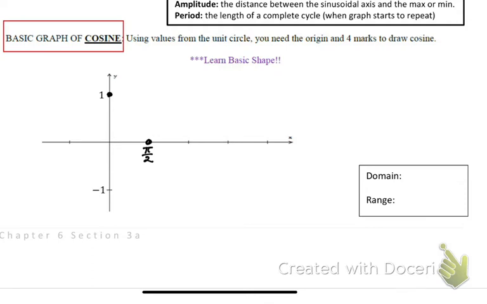The cosine of pi is -1. The cosine of 3 pi over 2 is 0. And finally, the cosine of 2 pi is back up to 1. It's pretty much the same except it's shifted over.